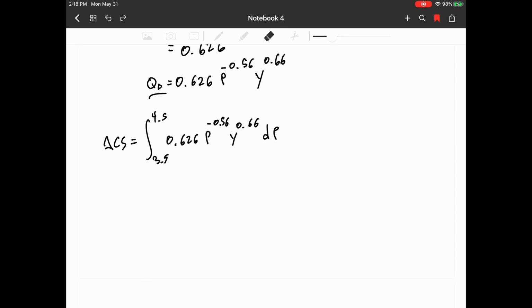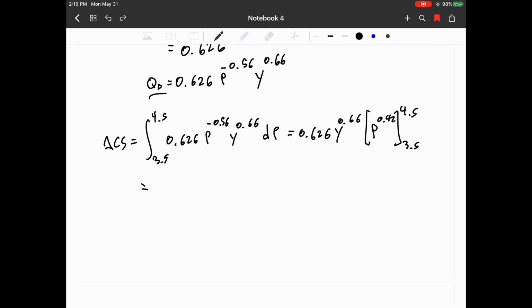Okay. So when we run through this integral, that's going to give us 0.626 times y to the 0.66, times price raised to 0.42, and then we evaluate that at 3.5 and 4.5.